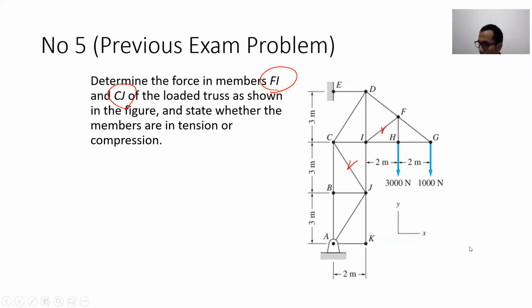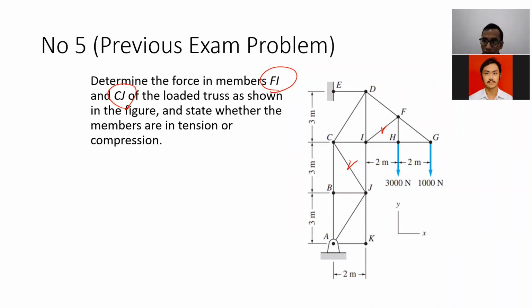Irsyad, what do you think? I think section should be fine. Section should be fine, okay. But can we do one section to solve for both problems, or do we need one by one?